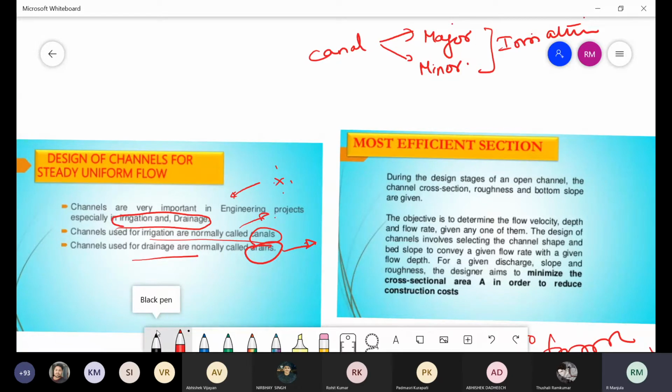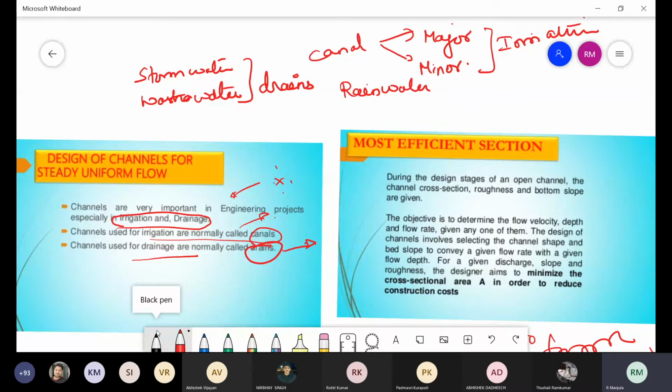Either storm water or waste water collected through channels are called drains. Instead, if you collect rainwater from channels for irrigation, then they are called canals.